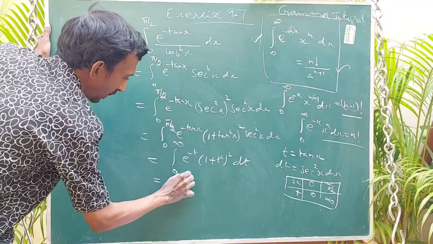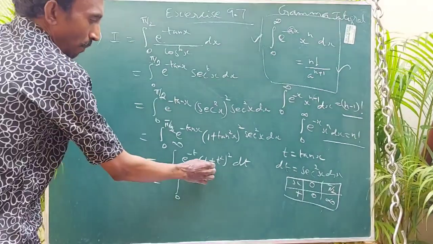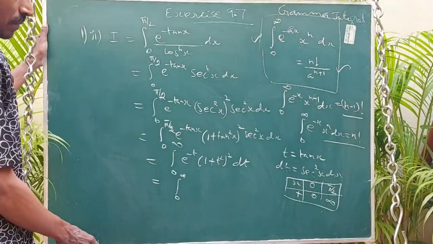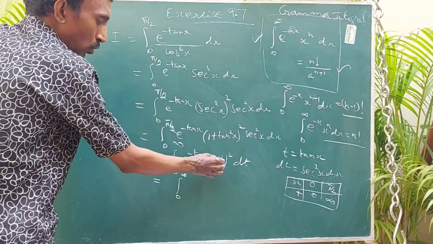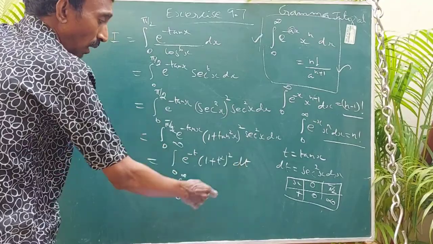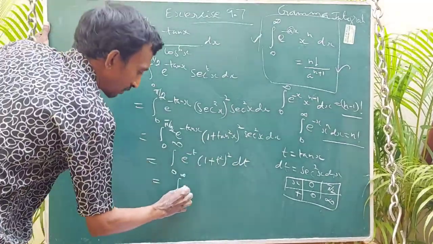Now we can divide into 3 integrals. (a plus b) the whole square, what we are getting: a square plus b square plus 2ab. So 1 plus 2t square plus t power 4. I am writing in 3 terms.